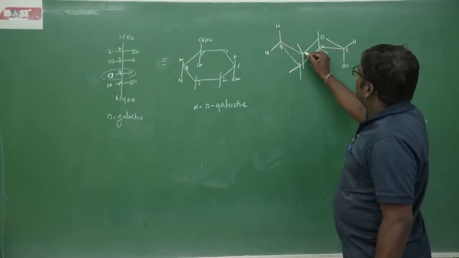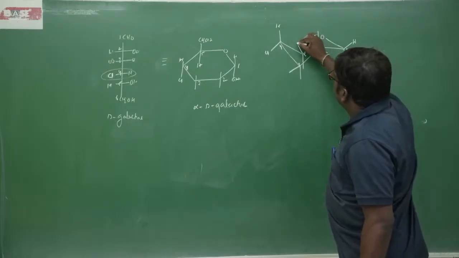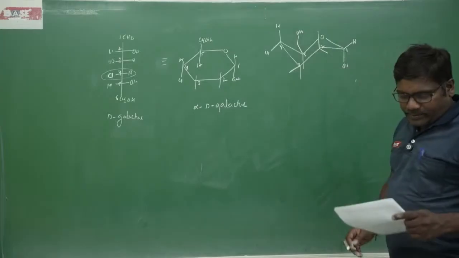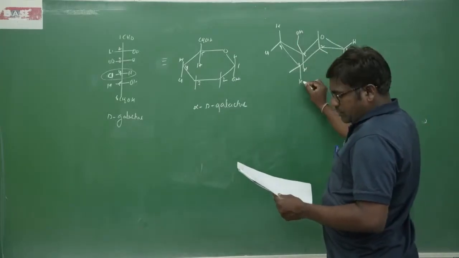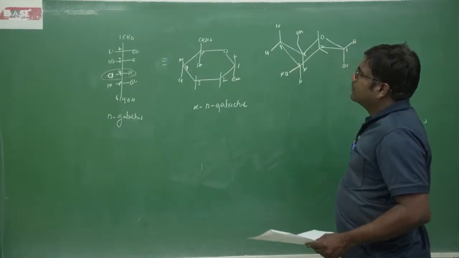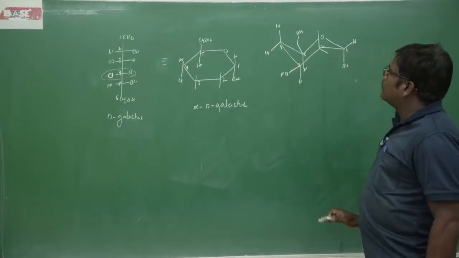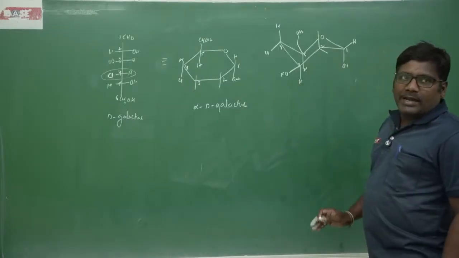And fifth place CH2OH, this one I am going to write here. Then here H, here H and OH. This is the chair form of the cyclic form of 4-deoxy 4-chlorogalactose.